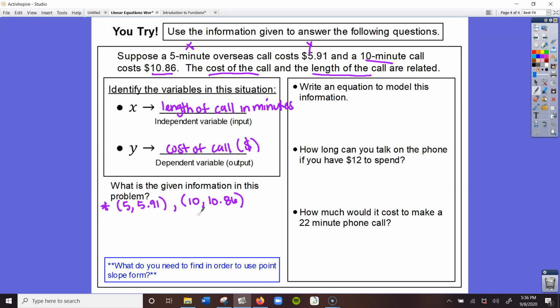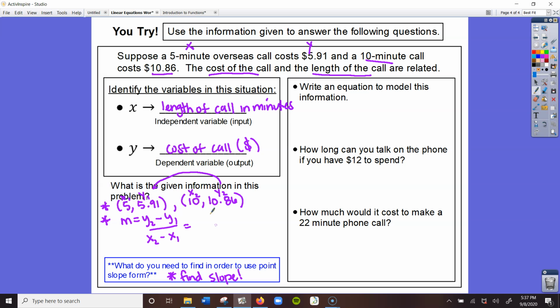Now see here we have 2 points. And in order to use point-slope form, we first need to find the slope. As a reminder, slope formula is y2 minus y1 over x2 minus x1. So let's say I label this as x1, y1, and this will be x2 and y2. And we plug it into slope formula.